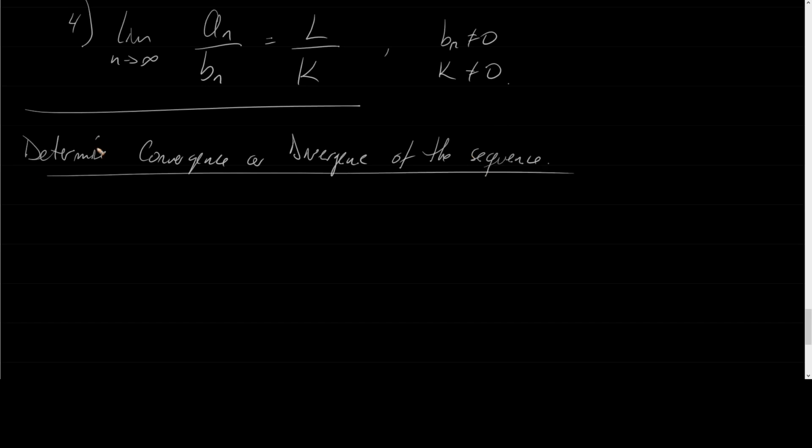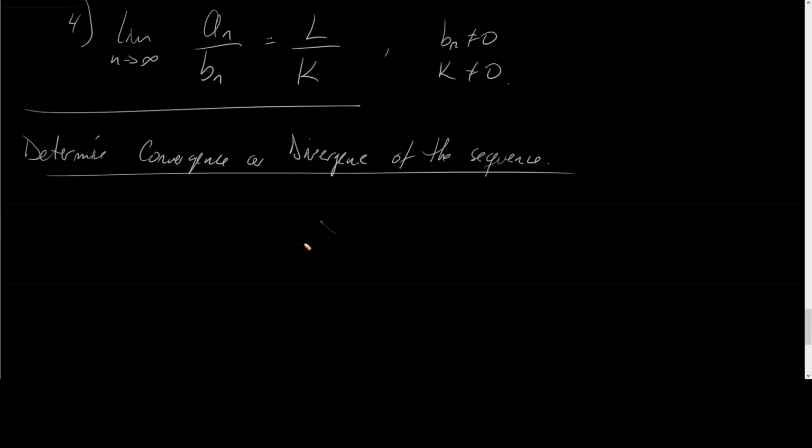All right. And just as a reminder, convergence meant that it actually approached a specific value. Divergence meant that it did not approach a specific value. All right. And there's two ways that something can diverge. It can go to one of the infinities. In other words, it can go to positive infinity or negative infinity, or it can oscillate.